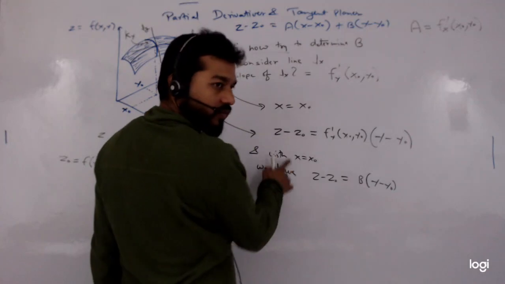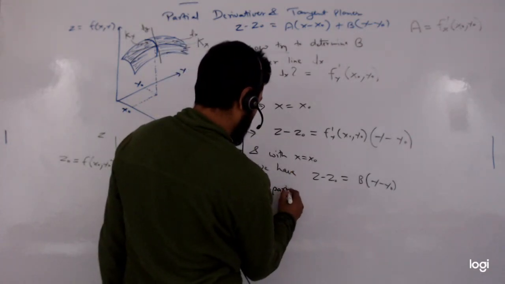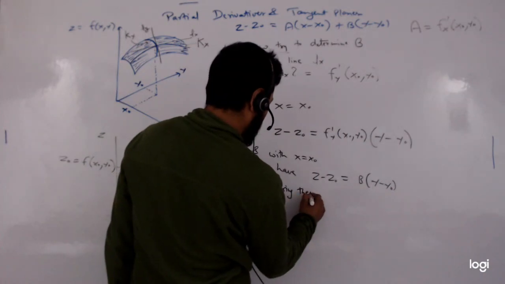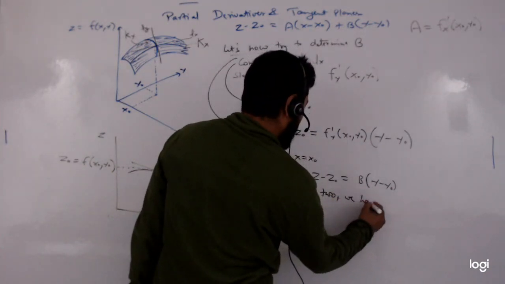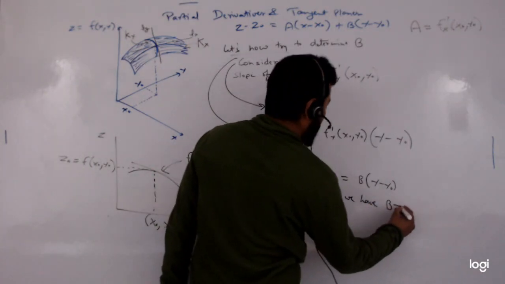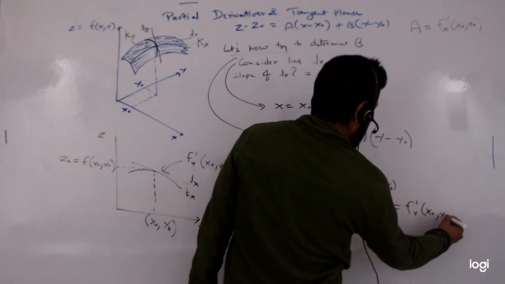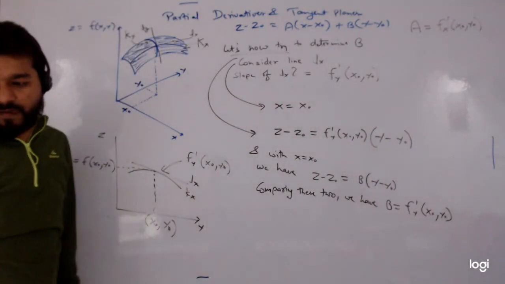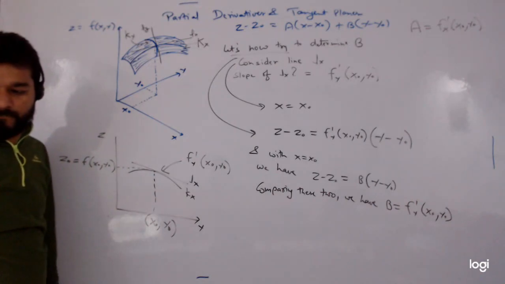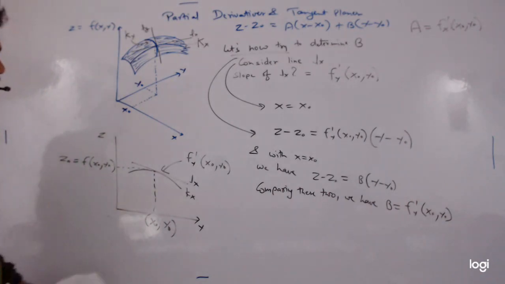Comparing these two, we have b is equal to f prime of y at x naught and y naught. Okay, now I've got everything in order.